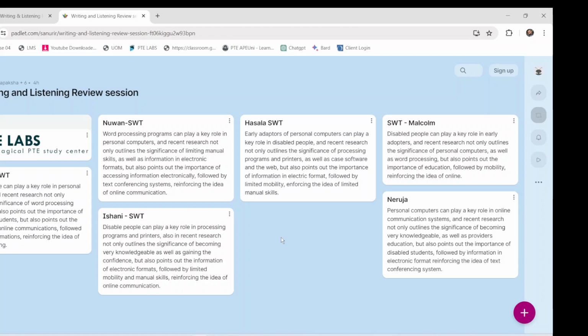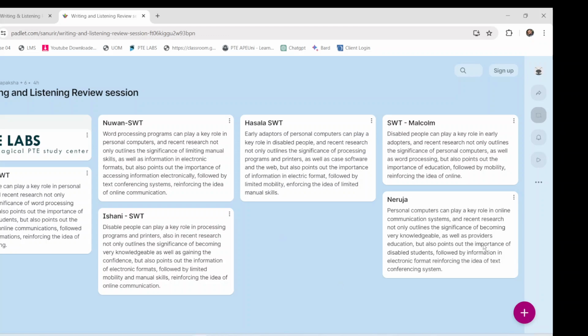Now, word processing programs, correct. Personal computers, correct. But when it comes to this one, information in electronic formats, there's a preposition, right? Because we are using a structure now. So sometimes there may be some grammar errors. Here it is correct, but sometimes there may be some grammar errors. So you have to be very careful with that. Okay.